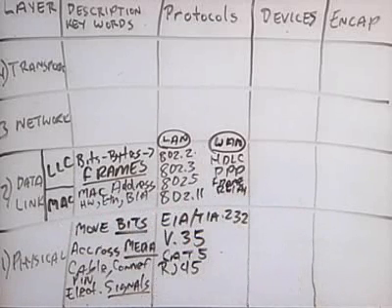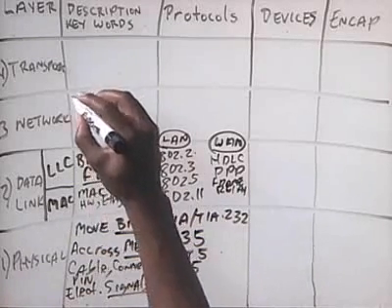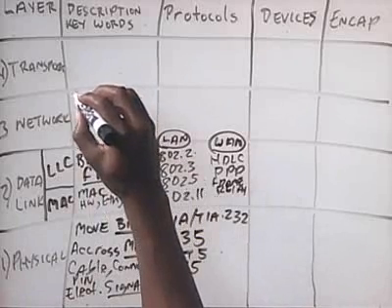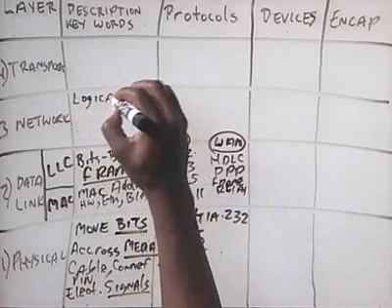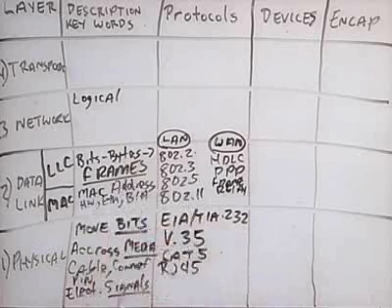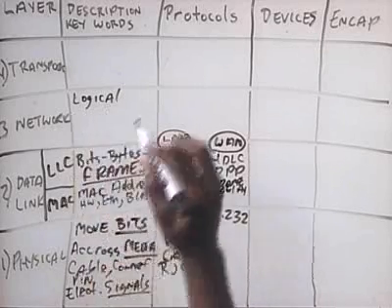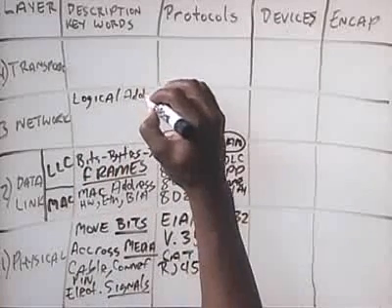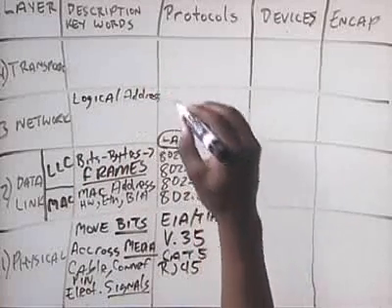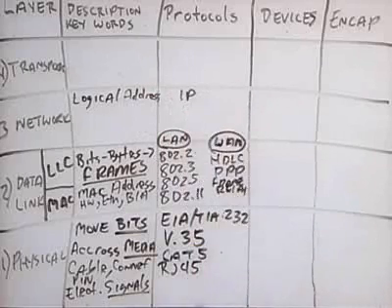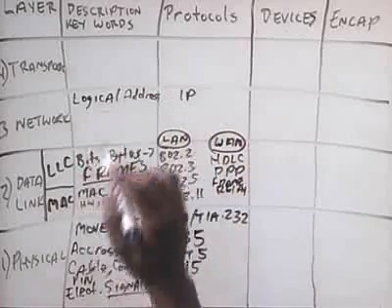and ATM. Layer 3, the network layer, provides logical addressing which routers will use for path determination. So as opposed to the hardware address that you have here at layer 2, you have a logical address here at layer 3. Example of that logical address would be one protocol, IP, for IP address. The IP address would be a logical address.